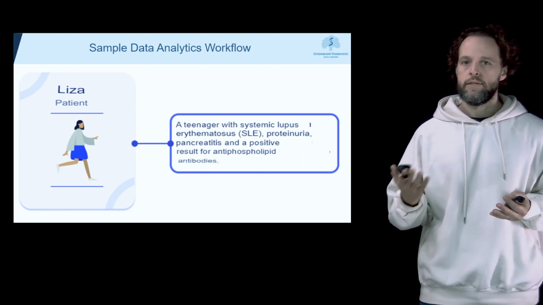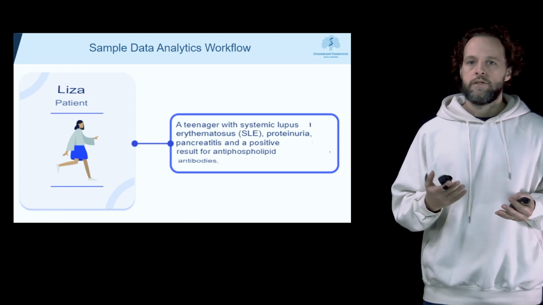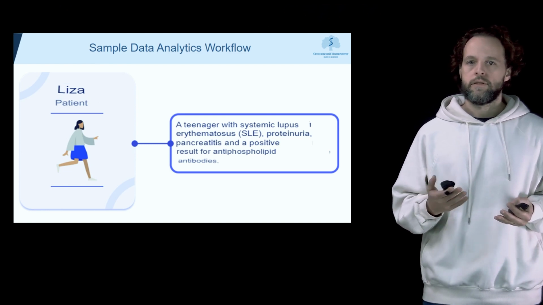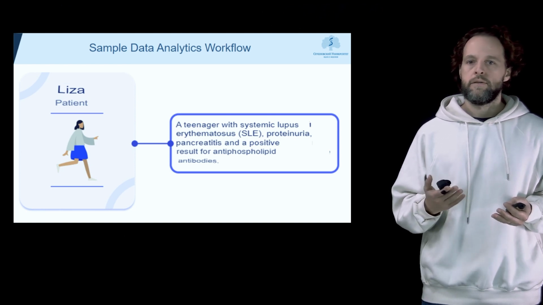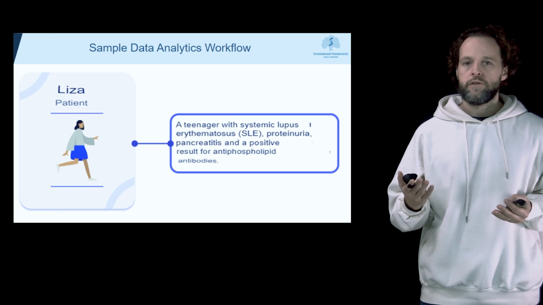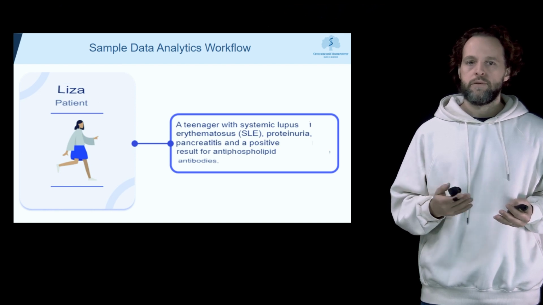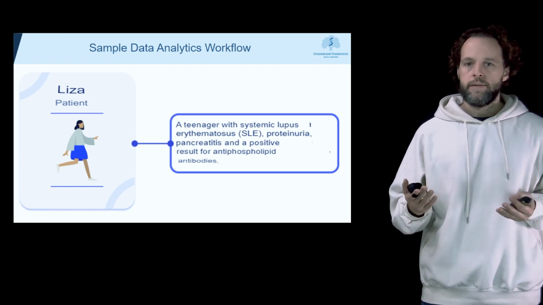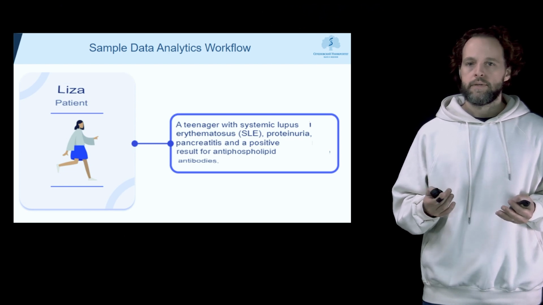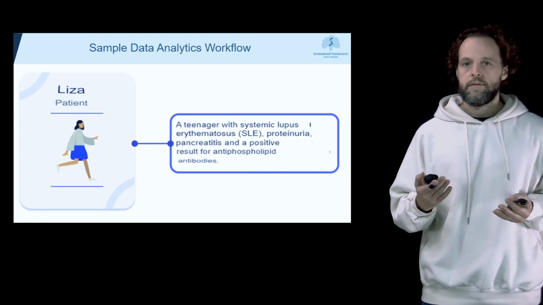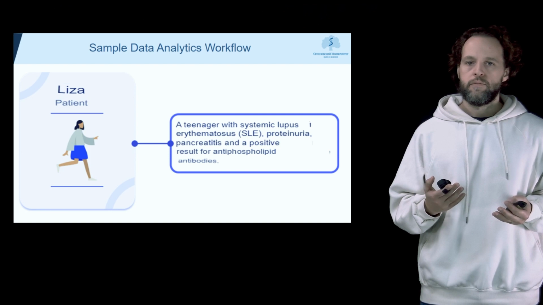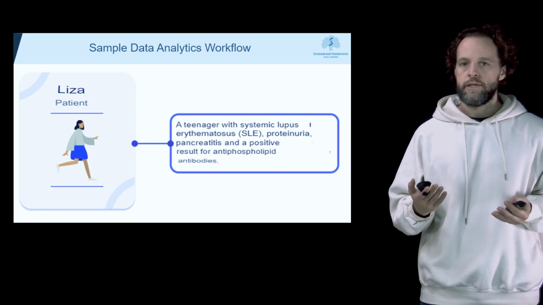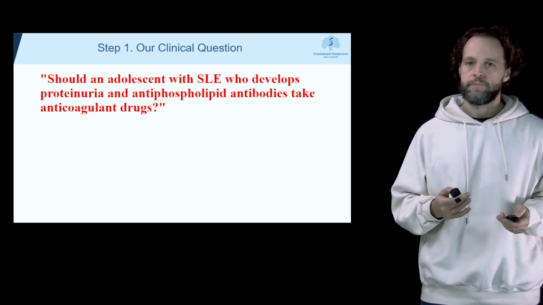Let's name her Lisa, and she's an adolescent with a chronic condition called systemic lupus, and with exploration of this condition and the development of proteinuria, pancreatitis, as well as the presence of antiphospholipid antibodies in the blood. There is a risk for blood clot formation in such patients.